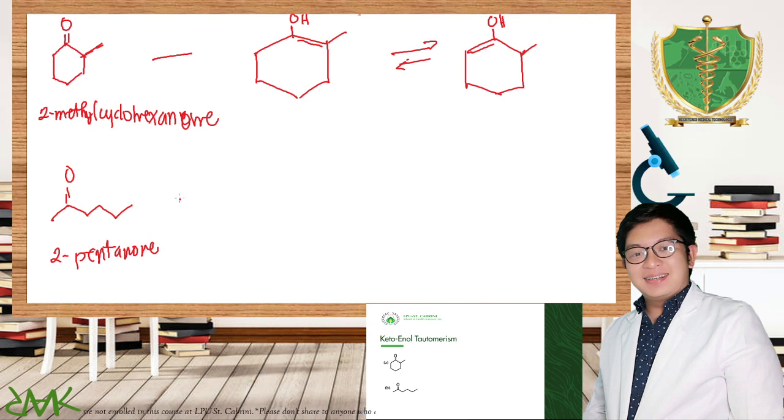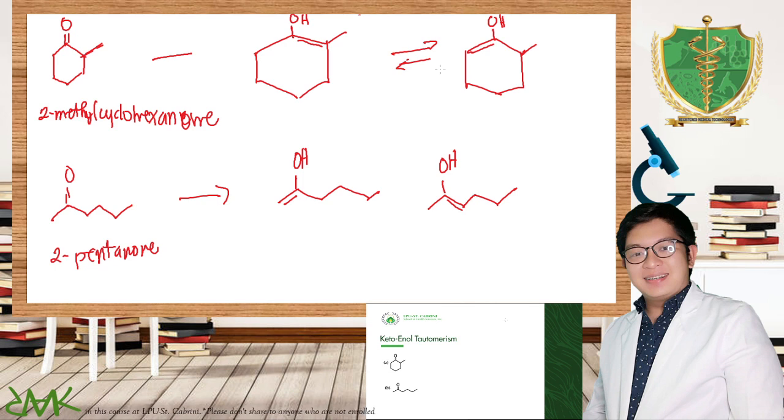So the product will be like this: 1, 2, 3, 4, 5, 6. We have OH with the double bond, or like this, OH with the double bond.